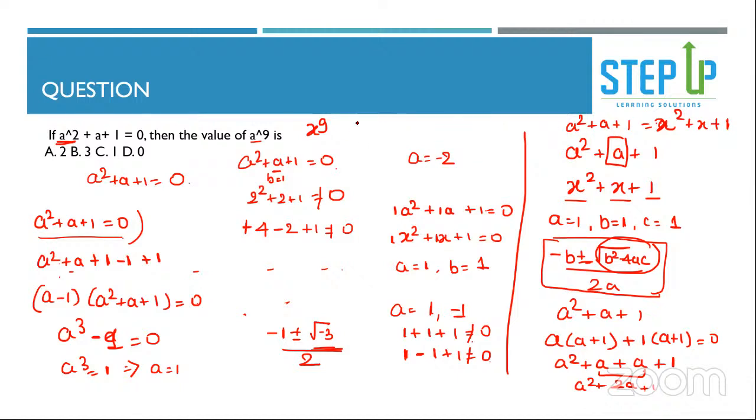If you have an equation, let's say 2x square plus 3x plus 1 equal to 0, in that case you will take b is equal to 3. But if your equation is like this, then what is your b value? Your b value is 1. Isn't it, Sanjay? Yes, ma'am.